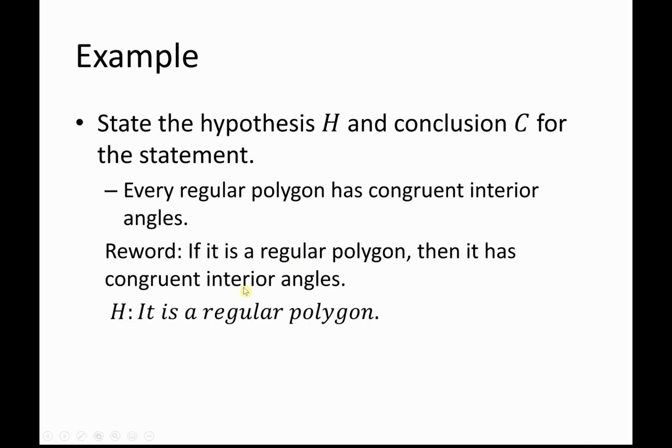The hypothesis is it is a regular polygon. The conclusion is it has congruent interior angles. So sometimes there might be an intermediate step of rewording the conditional statement as the standard if-then, but if you do that, identifying the hypothesis and conclusion tends to be a lot easier. All right, moving on.